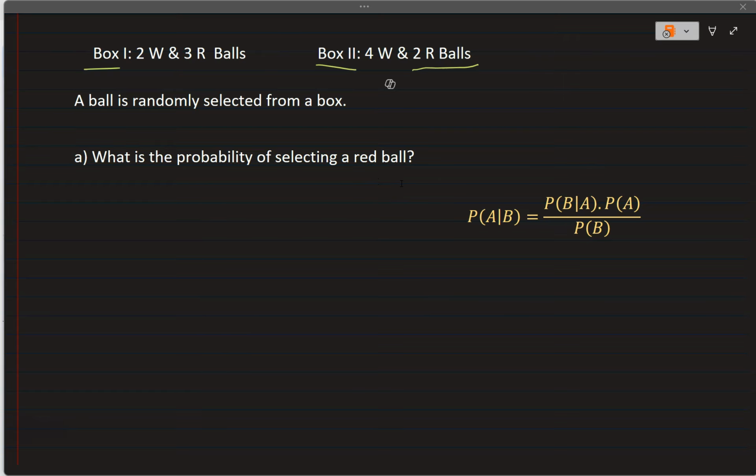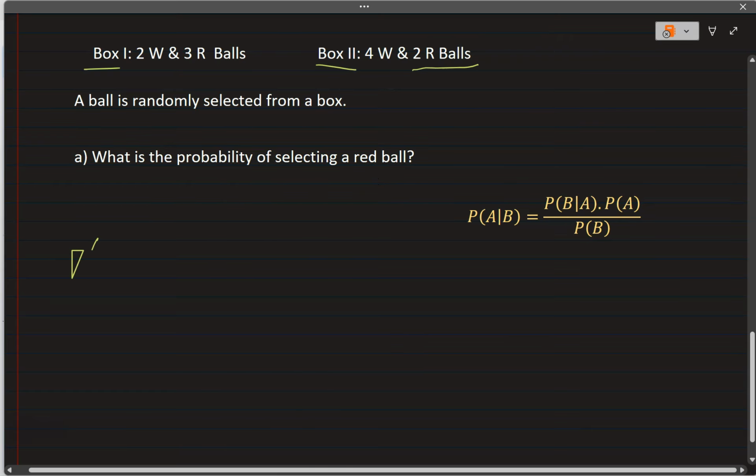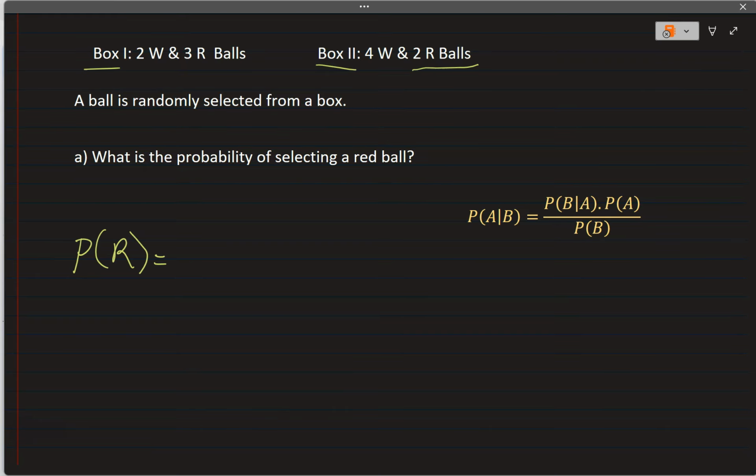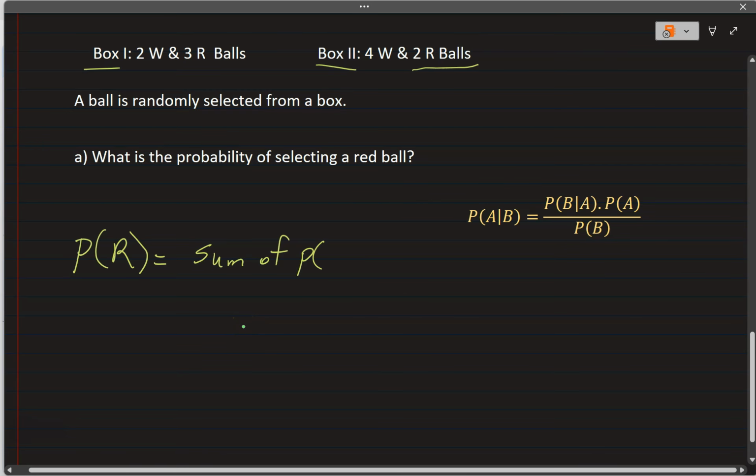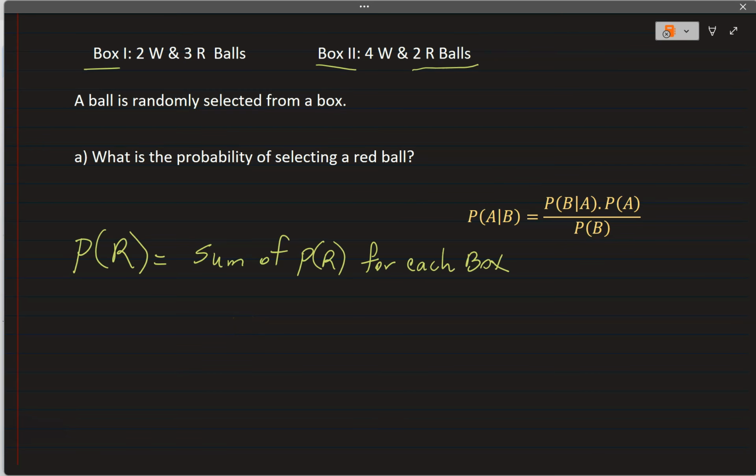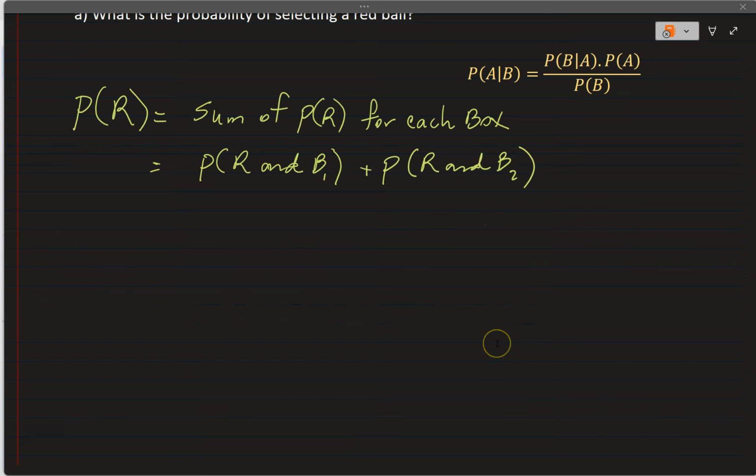So we need to calculate the probability of getting a red ball, which is equal to the sum of the probability of red in each box. What does that mean? That means the probability of red and being in box 1, which I'm going to call B1, plus the probability of the red ball and in box 2. Let's write it up.